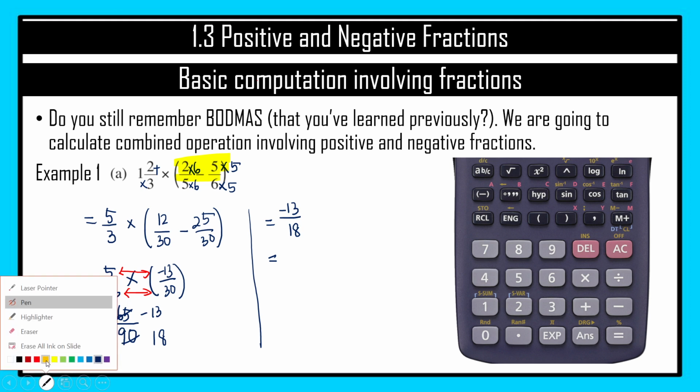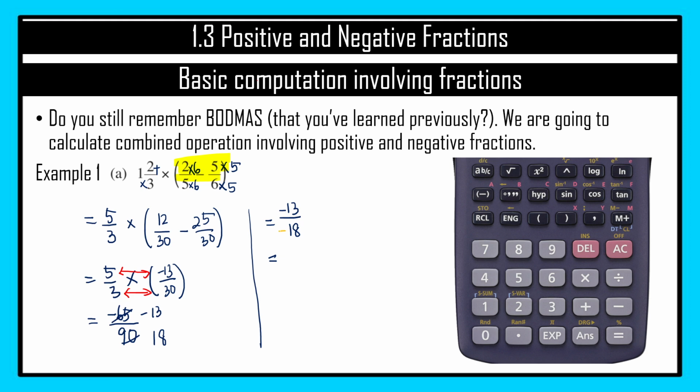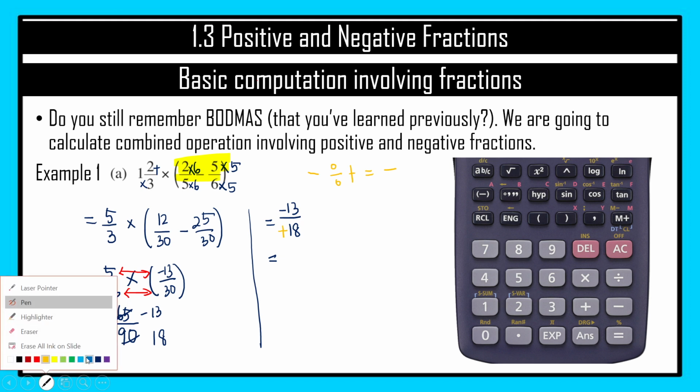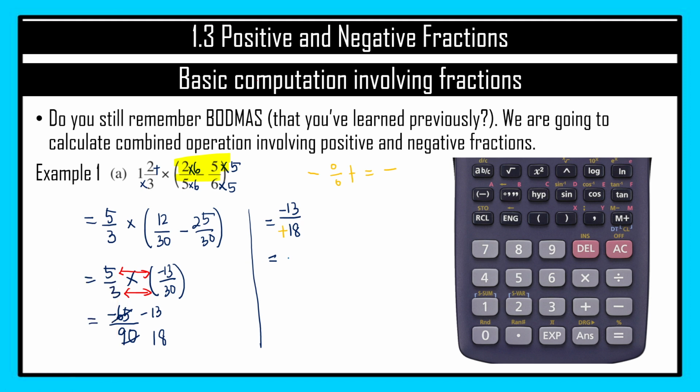Or you can also remember there's negative, 18 is positive. So do you still remember negative divide positive, you get negative. So negative 13 over 18. Of course, you don't need to write that far. Alright, so this is your final answer.